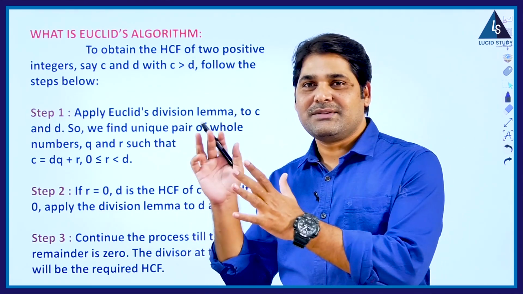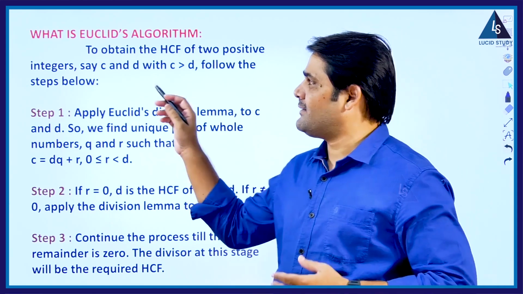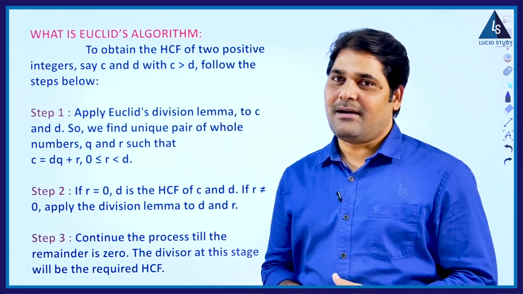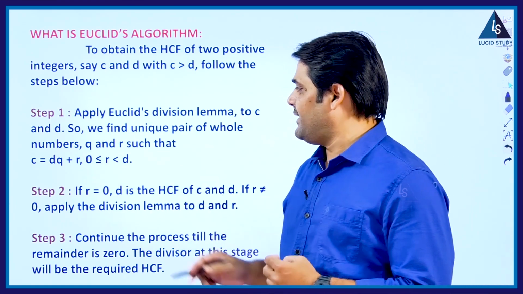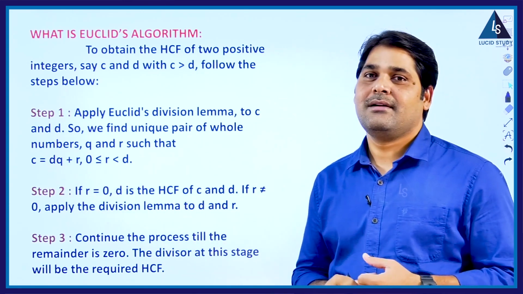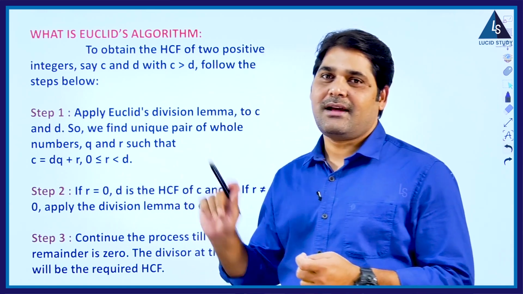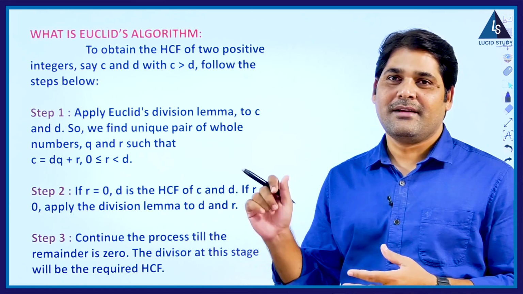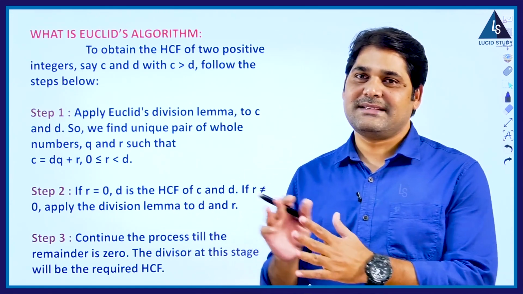That is the division algorithm we discussed, he gave one name as Euclid's division lemma. So for C and D, we can write C is equal to DQ plus R, where 0 is less than or equal to R, and R is less than D. This is Euclid's division lemma. So first we will apply it for C and D.